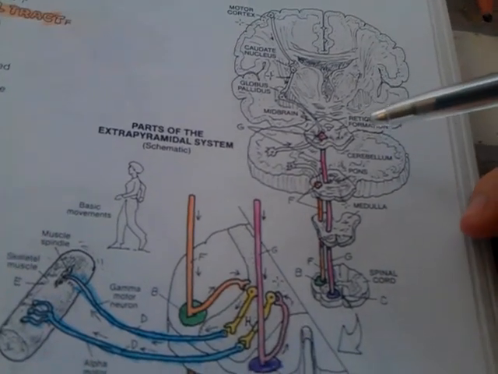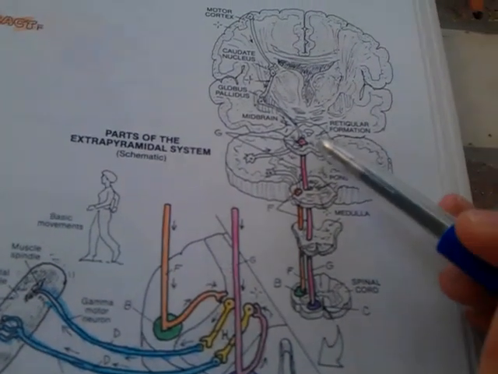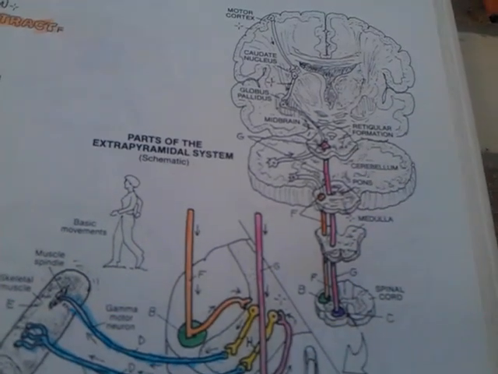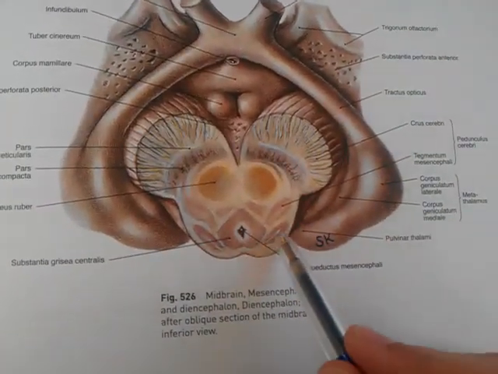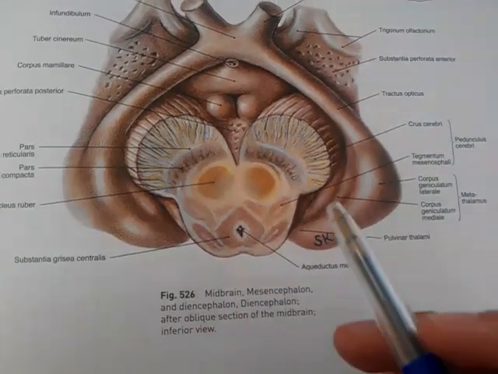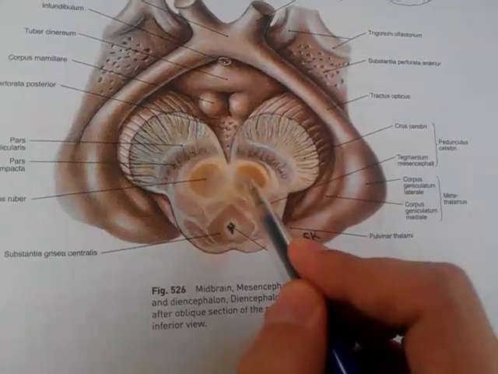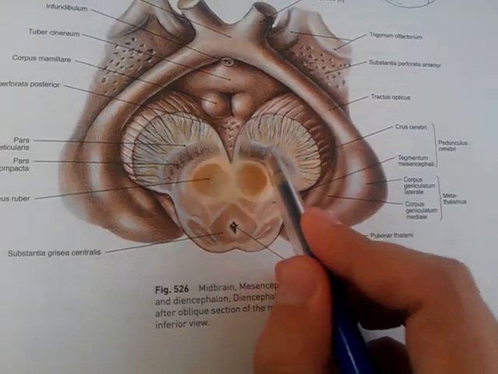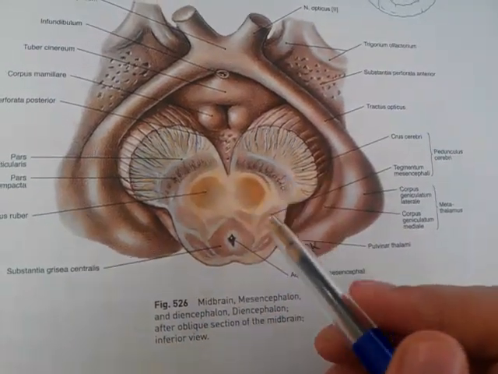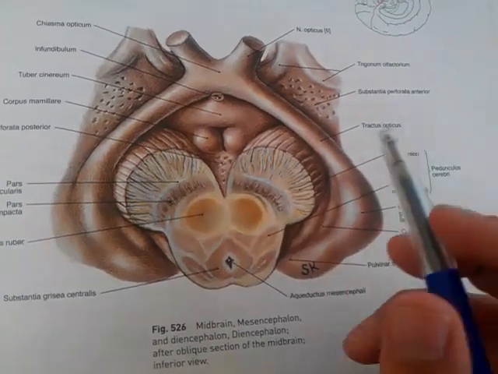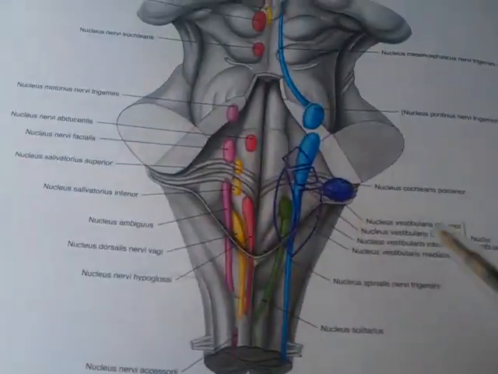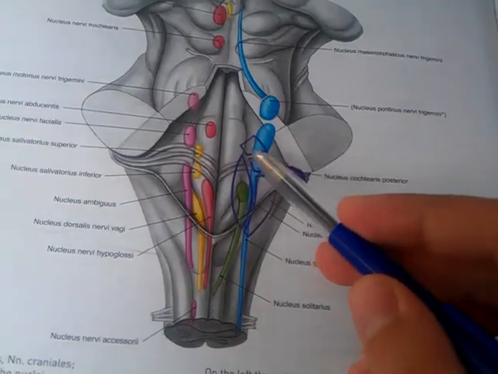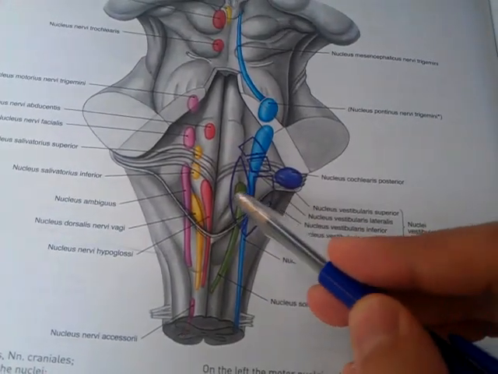Then you have reticular formation, and tectum, nucleus ruber, substantia nigra, and vestibular nuclei, of which we have 4 vestibular nuclei.